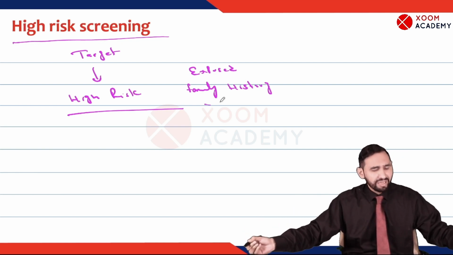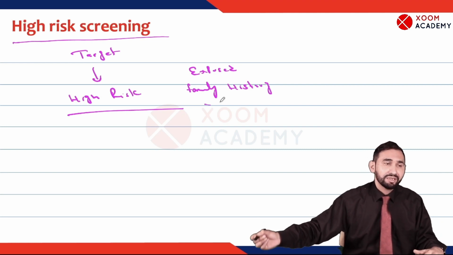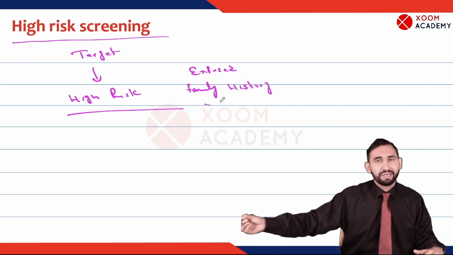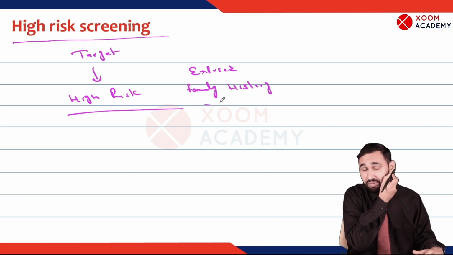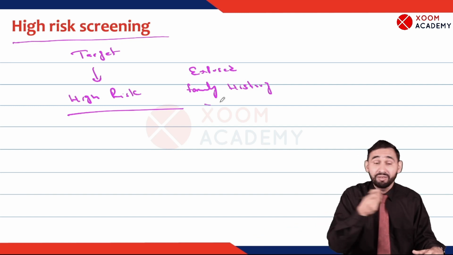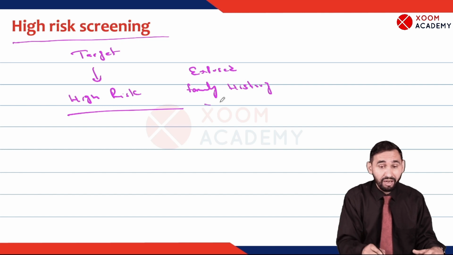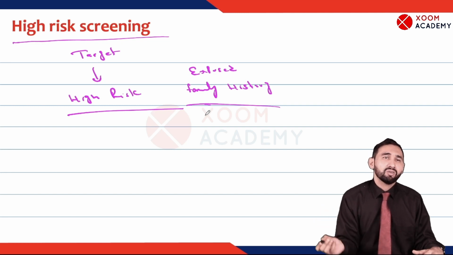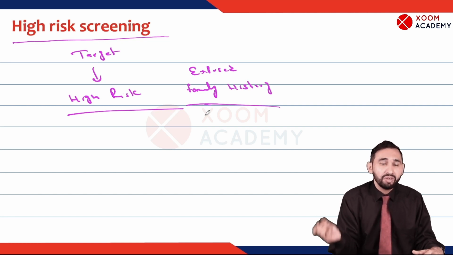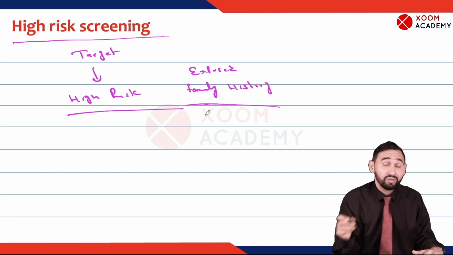Or someone working in an industry which can cause pneumoconiosis, like asbestos or silicosis. We will screen that person for lung cancer or for fibrotic lung diseases, or persons whose family history is positive for hypertension, for diabetes. We will screen them, or whose family history is positive for cancer, we will screen them. Remember, those who are exposed, those whose family history is positive, they are at high risk.